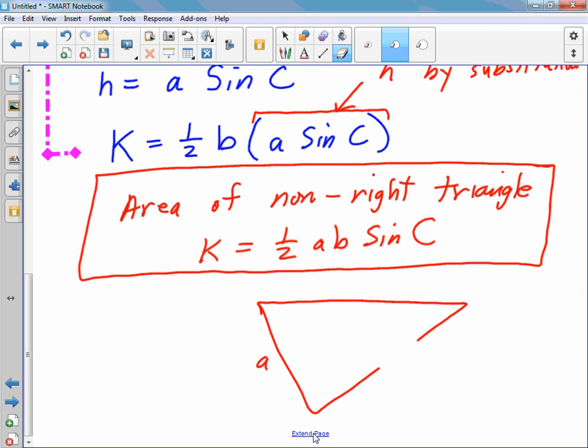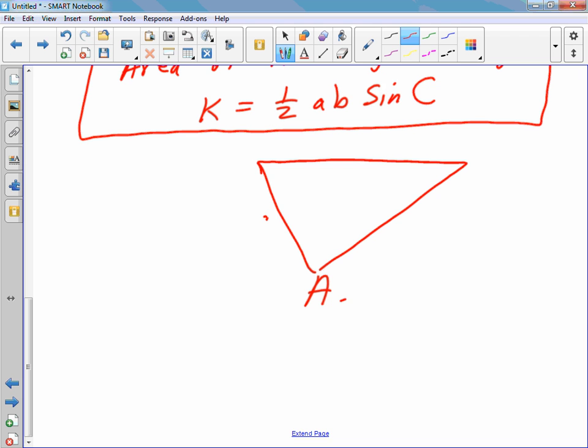Any triangle, two sides and the included angle. This could be A and B and C, big C. Or what if this were big A? What would it look like? Yeah, that would be B and that would be C, and you'd say the area equals 1/2 B, C, sine angle A, like that.